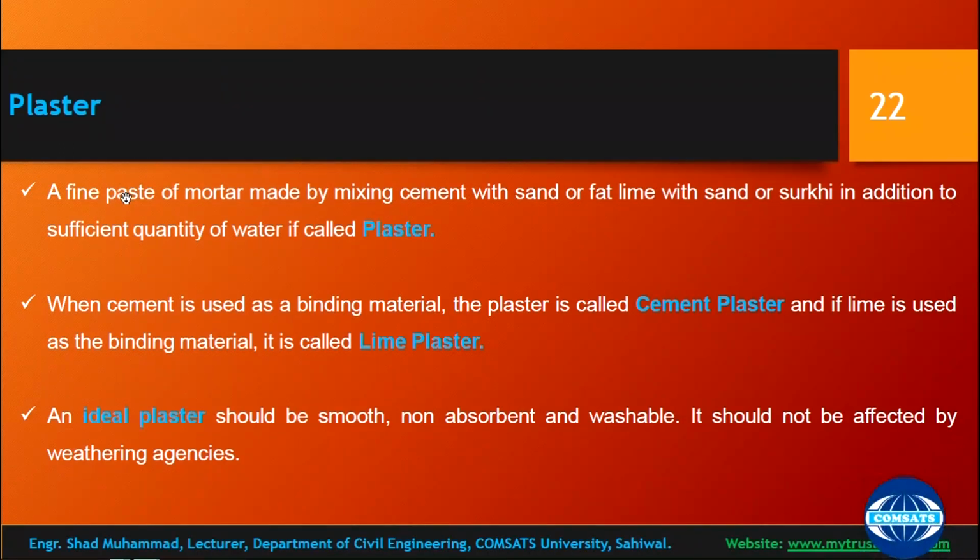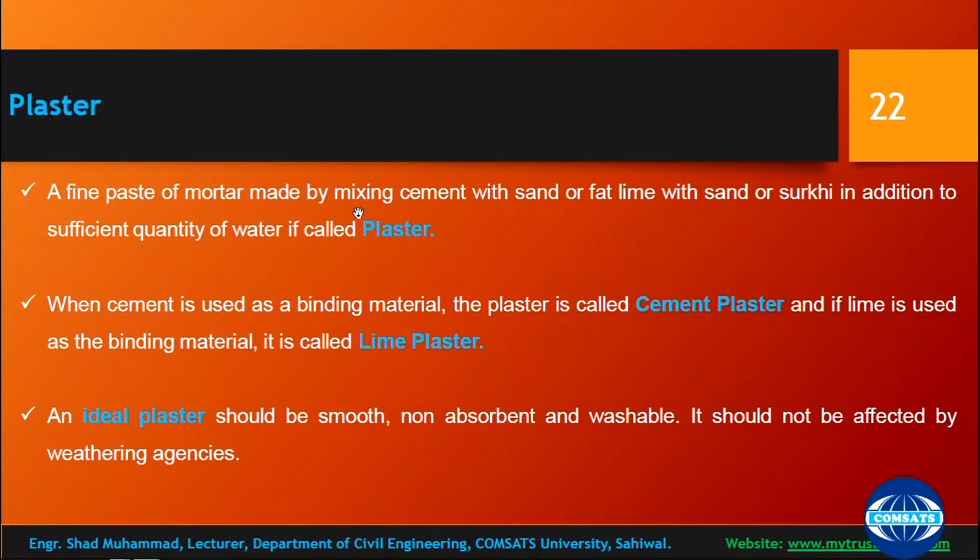We do not recommend coarser surface finishing, because the main purpose of plastering is to make the surface smooth, and you cannot make the surface smooth by providing coarse paste. How can you differentiate between fine paste of mortar and coarse paste of mortar? Just by the sand. If you are using coarser sand, then it is coarse paste, and if you are using finer sand, then it is fine paste.